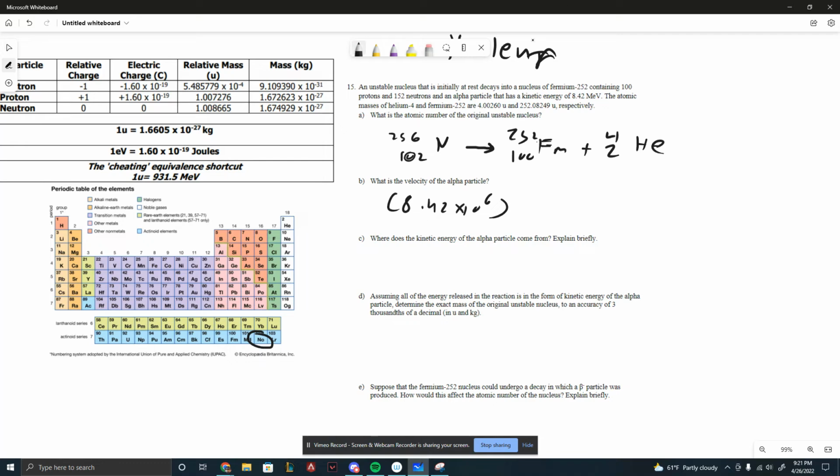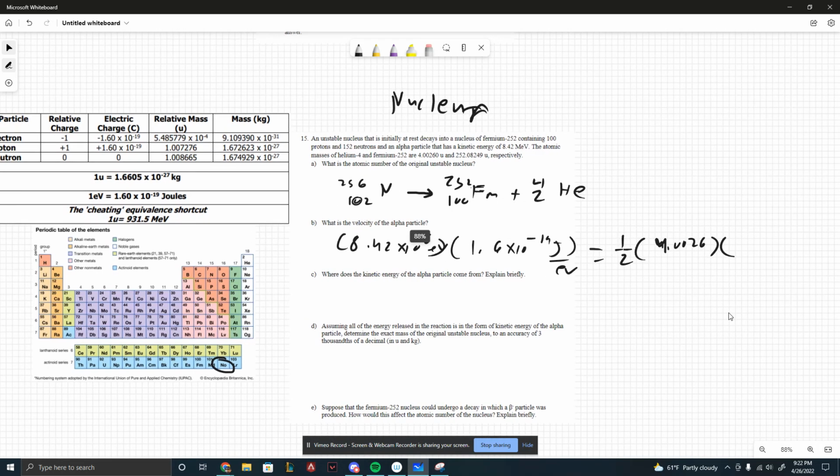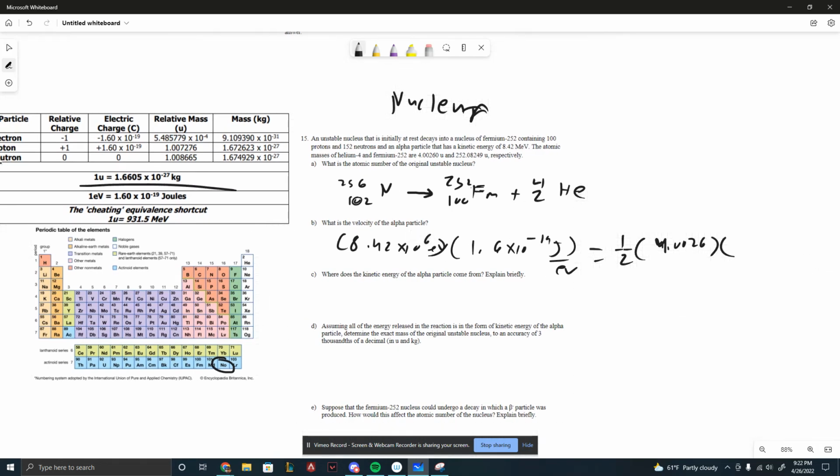Then that's times 1.6 times 10 to the negative 19th joules per electron volt. And that's equal to 1/2 times the mass of an alpha particle. Keep in mind you have to put it in kilograms. They give it to you in AMUs, so 4.0026 AMUs, and the conversion to go to kilograms is right here. They'll give this to you.